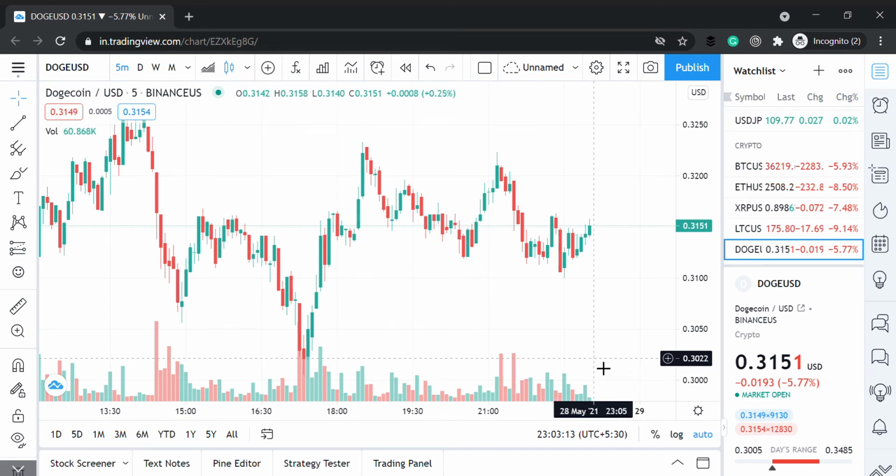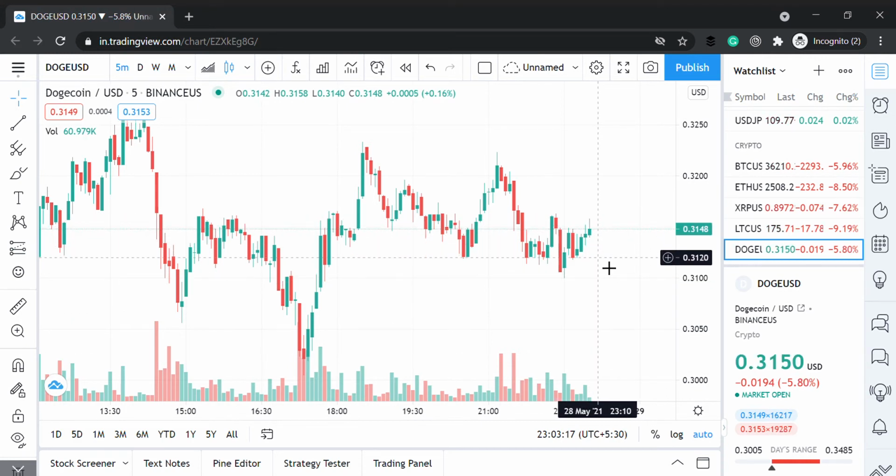So this shows us that the price will correct again from this particular level, because there is a doji, as well as the volumes are not increasing when the price is going up. So let's see what happens.